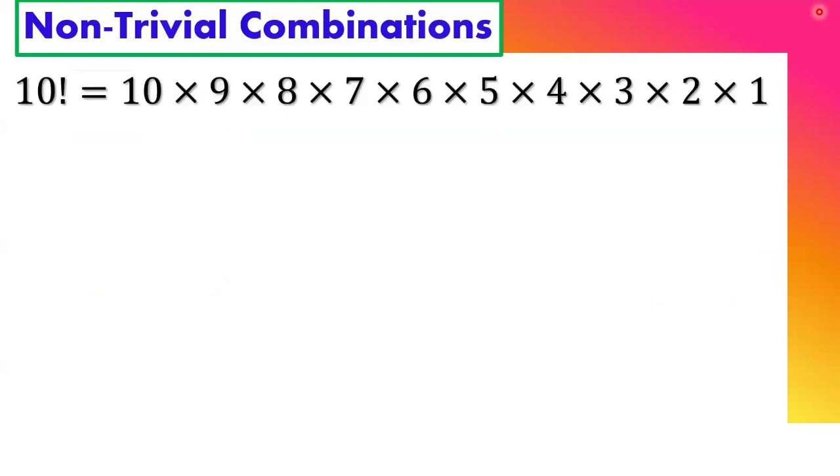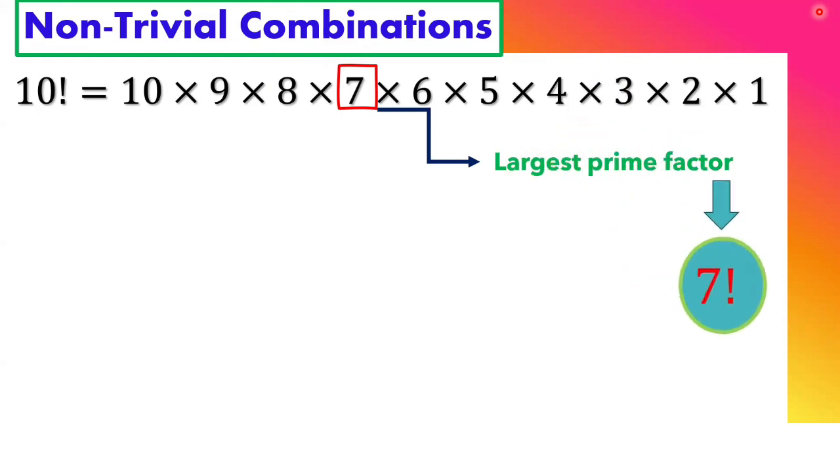For that, we first expand the factorial 10 as given here. It is by the definition of factorials, and in this factorial expression we have 7 as the highest prime factor. So in this expression, there should be factorial 7.